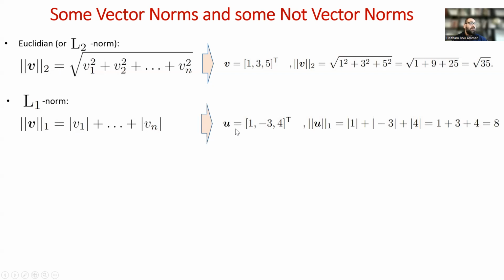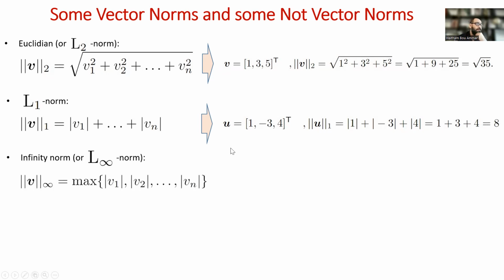So for example, if you had a vector u, which is 1, minus 3, 4 transpose, the L1 norm is the absolute value of 1 plus the absolute value of minus 3 plus the absolute value of 4. That is 1 plus 3 plus 4, so you get 8.